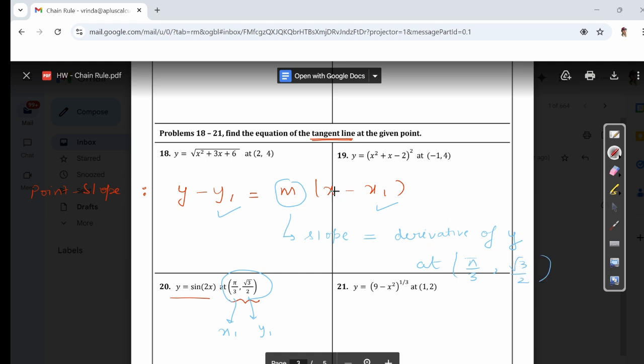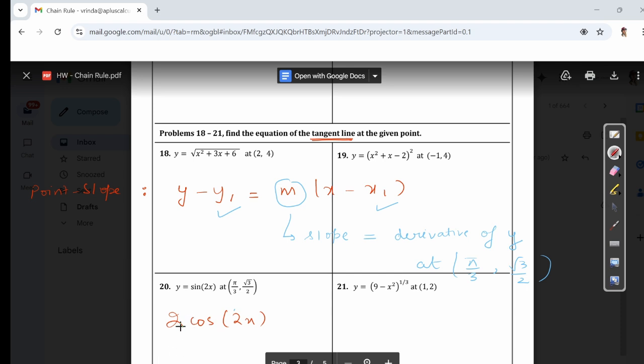So all you need to do in all these questions, you need to find out the derivative of the given functions. So can you find out the derivative of sine of 2x? Okay, so sine of 2x, would it be like 2 cosine x? 2 cosine 2x.